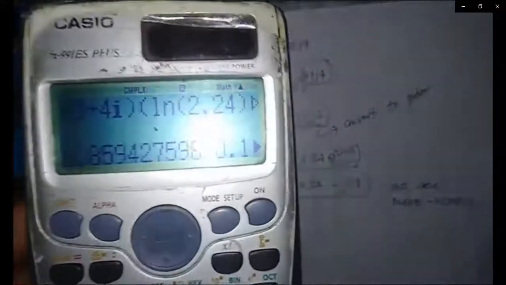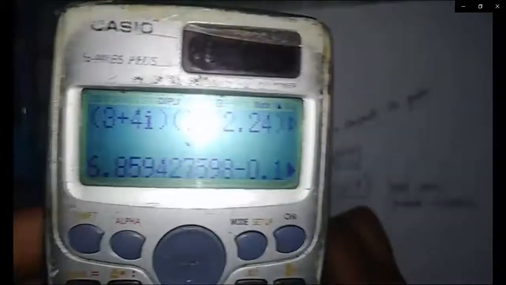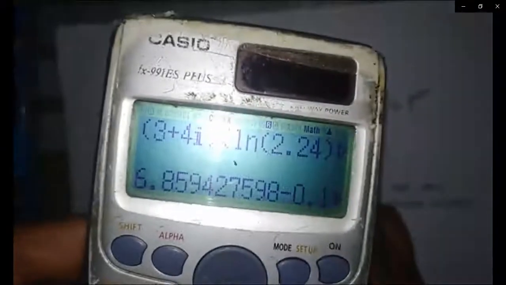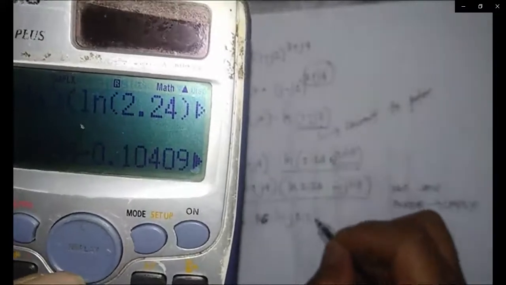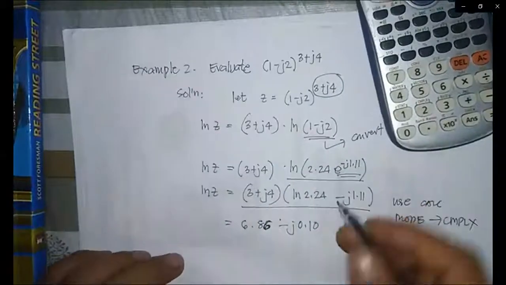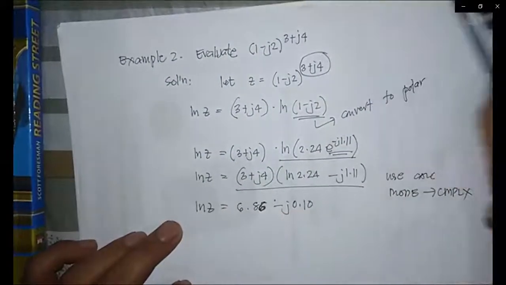So that is 6.86, that's the real part, minus j 0.10. That is now the value of your ln of z.